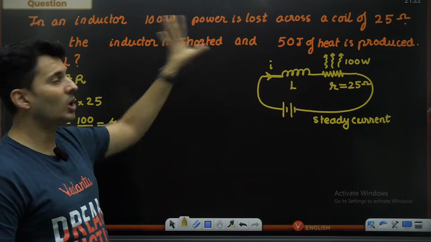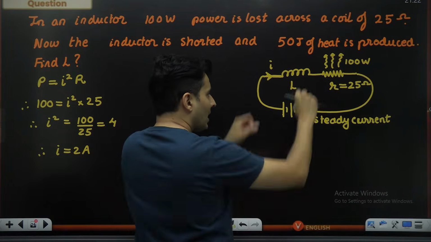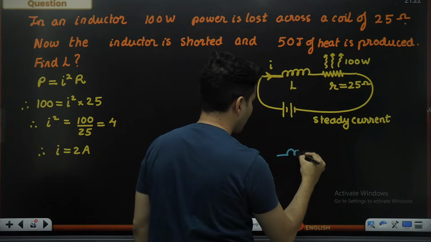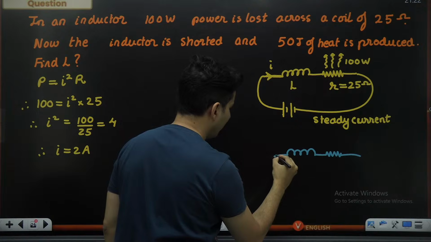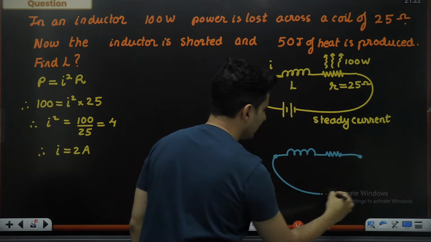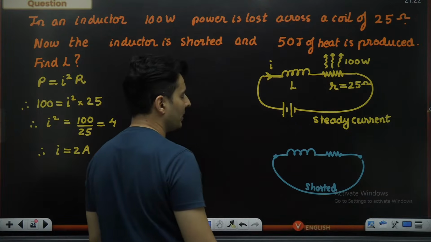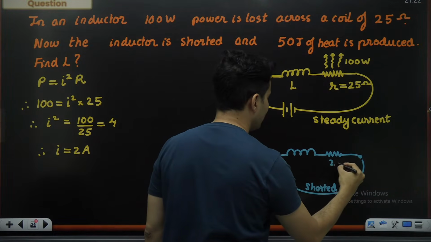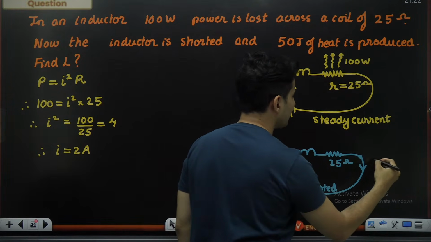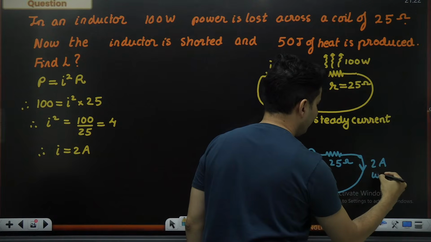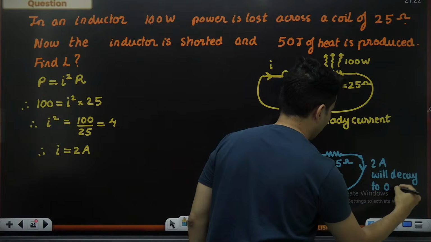Now, what is given? The inductor is shorted. Meaning what? You take out that inductor and you connect the terminals across it. You take out that inductor, internal resistance is still there. Instead of connecting it to the battery, you are just taking these two terminals and shorting it. This is the meaning of shorting. So this resistance is still there, 25 ohms. Whatever current was flowing is also there, but this 2 amperes of current will decay to 0 amperes.